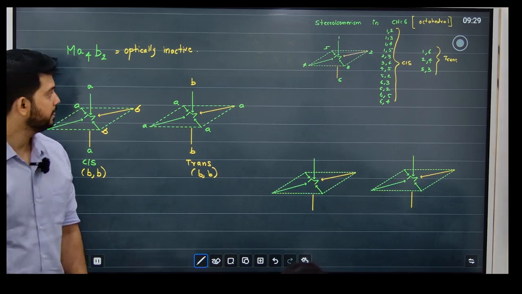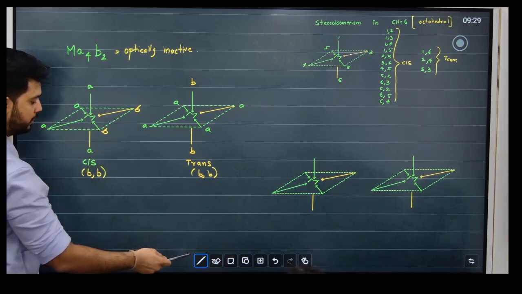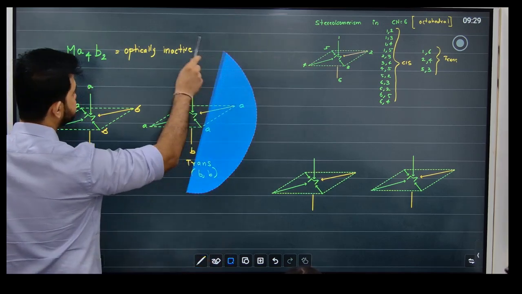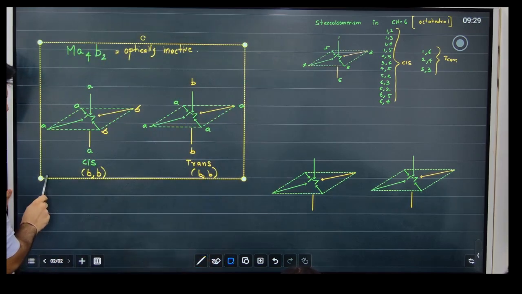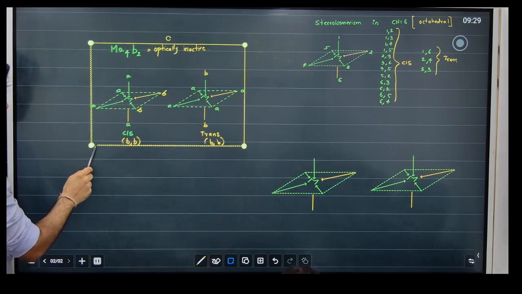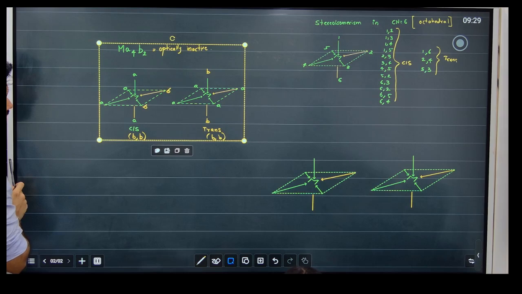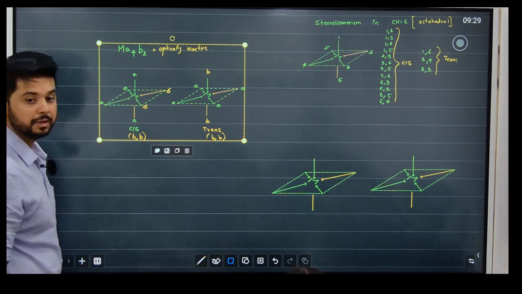Now MA4B2 is done. What will the next be? B2 you can further split as MA4BC.